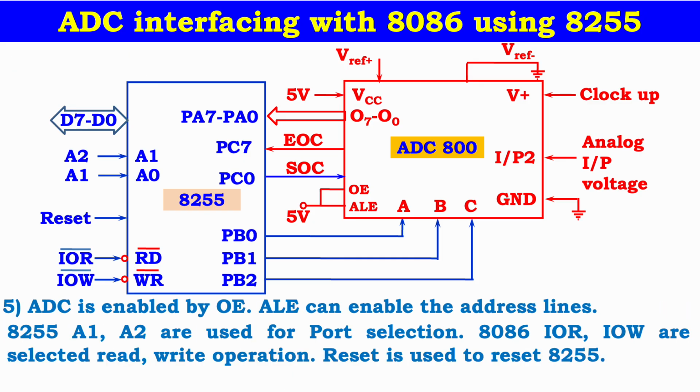At last, the remaining functions: the ADC is enabled by output enable, and address latch enable will latch the address lines. A1, A2 are used for port selection. Read and write operations are by IOR or IOW. This is the simple, usual remaining interfacing.